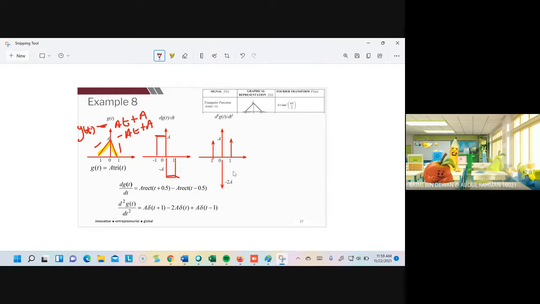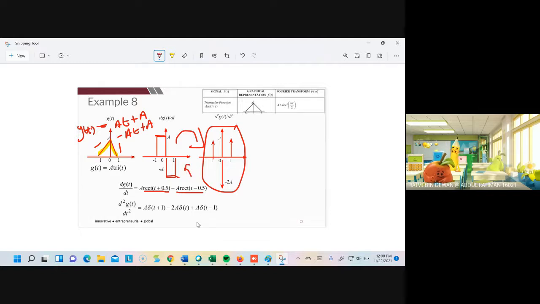If we differentiate further, you will have an impulse. Then the rest, you see dg(t), the differentiation of your signal a tri(t): you will have a rect(t + 0.5) and a minus a rect(t - 0.5), this one.